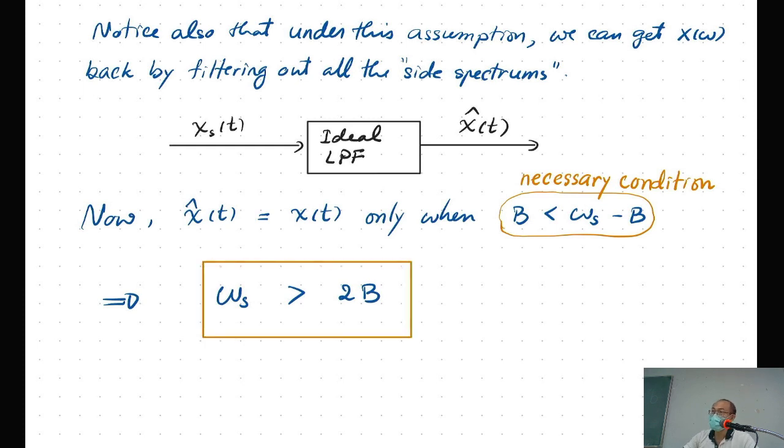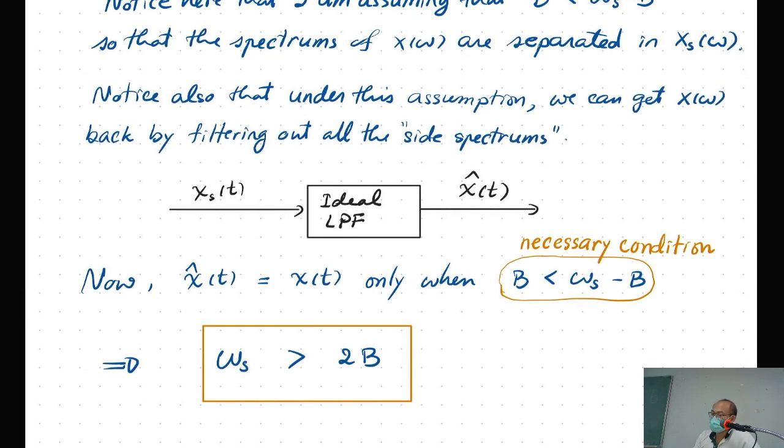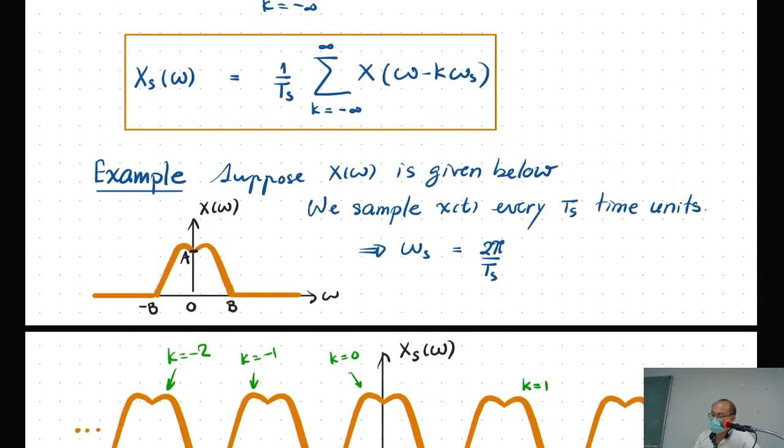So what is b? What is the value b? If you look at the graph there, the value b is the maximum frequency of the signal, right? Any frequency higher than b doesn't contain any x at all, because x is 0. So b is the maximum frequency of the signal x.